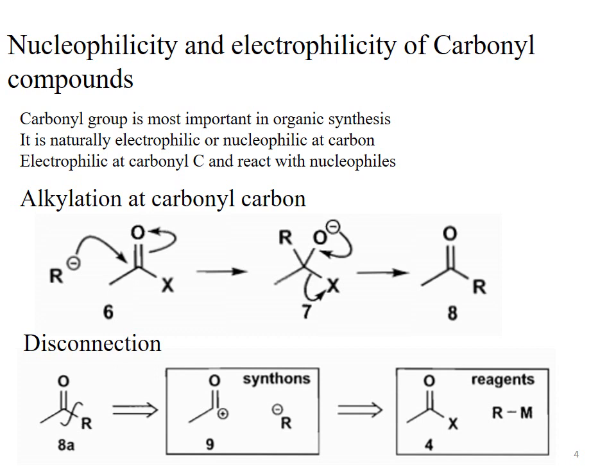So whenever you have to place a negative charge on the R group, remember the source of the negative charge species will be an organometallic compound. That may be an alkyl lithium compound, a Grignard reagent, an organozinc compound, or organocopper compounds.